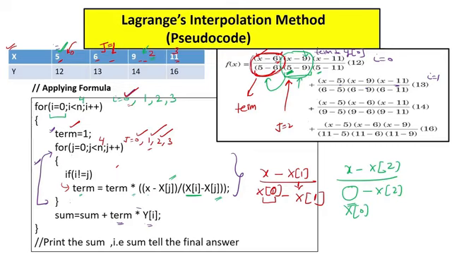The same way for j equal to 3, again you will calculate this answer and you will multiply with the previous two answers, which is saved inside this term. And after this j loop is over, you have the product of all these three terms, and this answer is saved inside this term. So after this for loop, what you are doing, you are simply saying that I have found this answer which is stored inside this term.